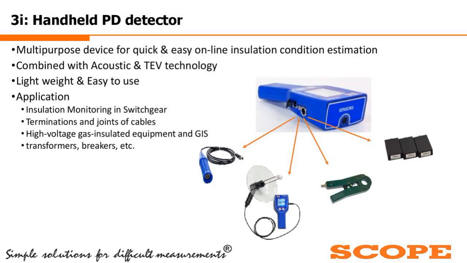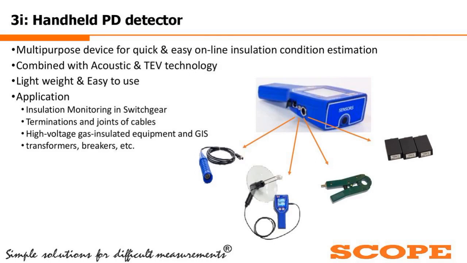We can say it is something like a multimeter, a must-have for an electrical engineer. Similarly, if you want to detect PD existence, this is a very good and quick product. It has 2 channels.